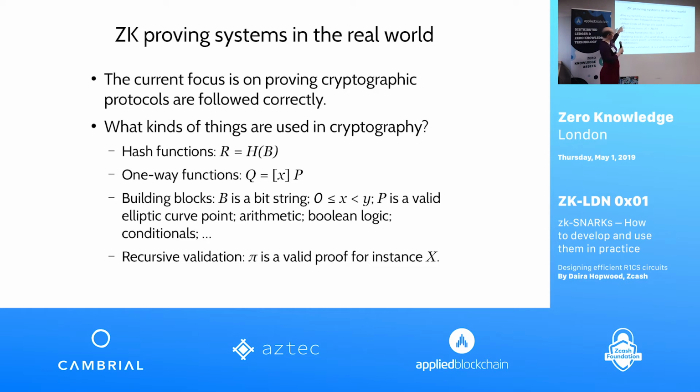Yeah, so we're focused on proving that cryptographic protocols have been followed correctly. That's the most useful real-world application. So usually you design a protocol using conventional cryptography, and then you run into an obstacle that you want to prove that some condition holds, but you don't want to give any information about it.